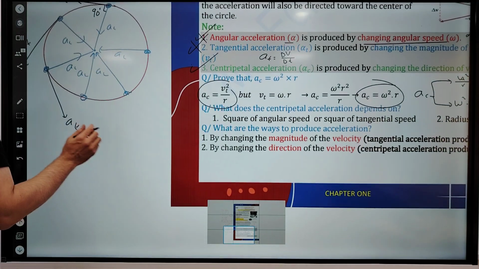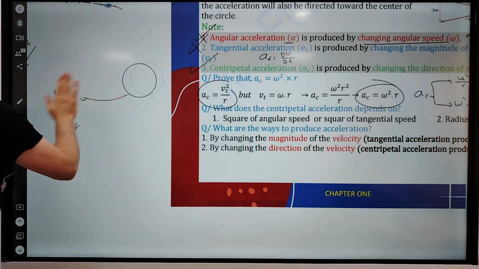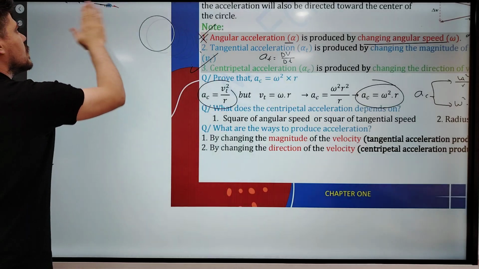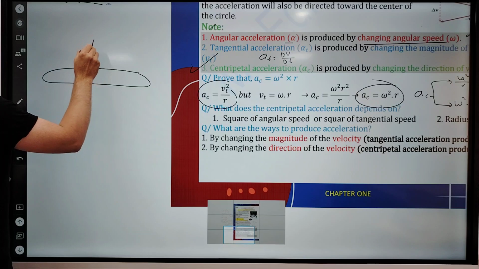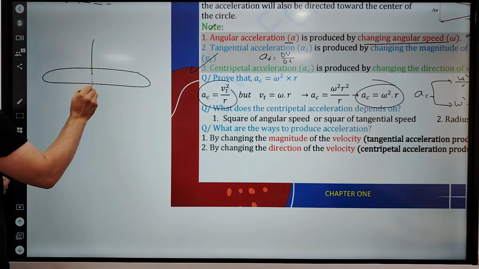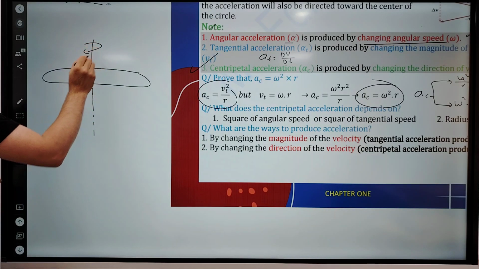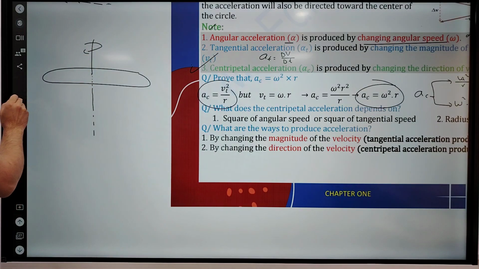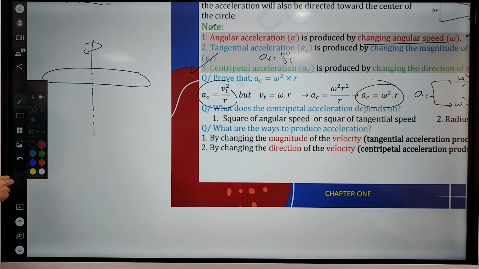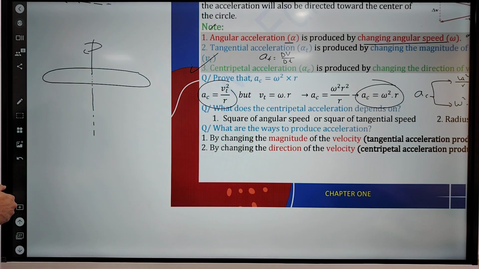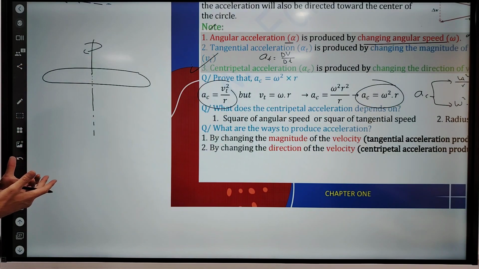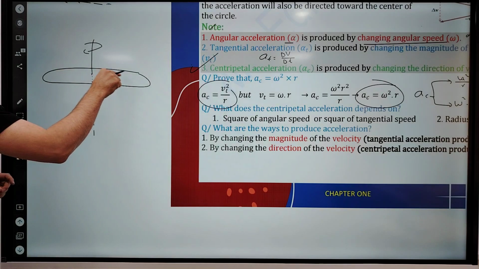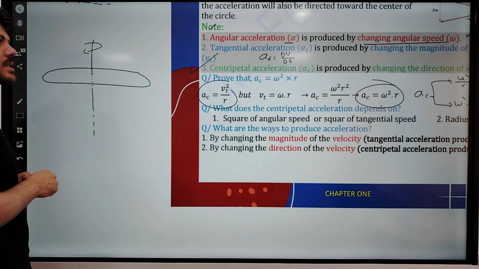For example, when this object is rotating, how can you determine the centripetal acceleration for this object? This object, because it is rotating, has no centripetal acceleration. But a point on the rotating body has centripetal acceleration.